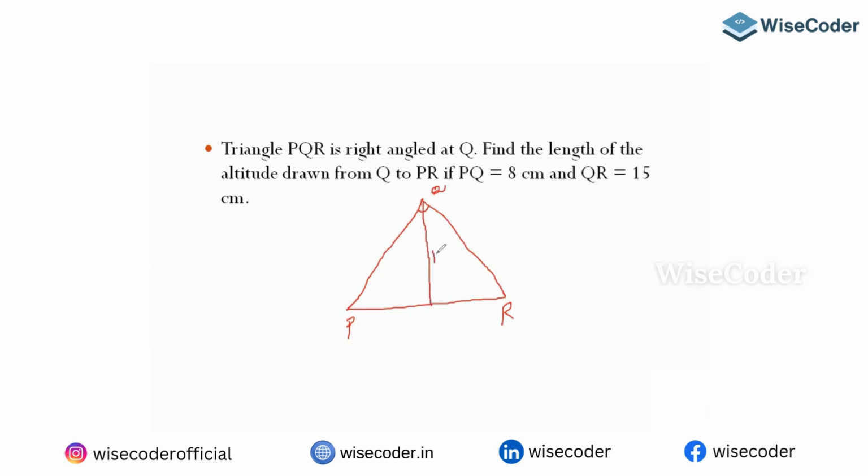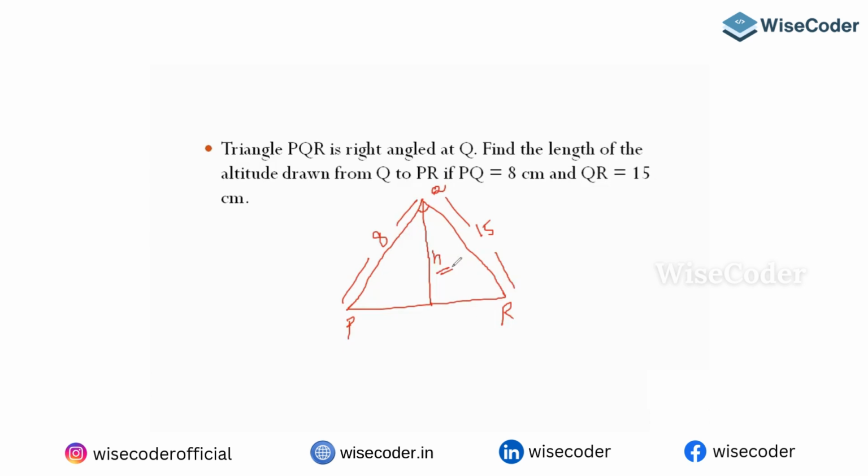Let's take this as the height. And they were telling PQ is 8, so this is 8. And QR is 15, this is 15. They were asking to find the length of the altitude, so they were asking what is the height.